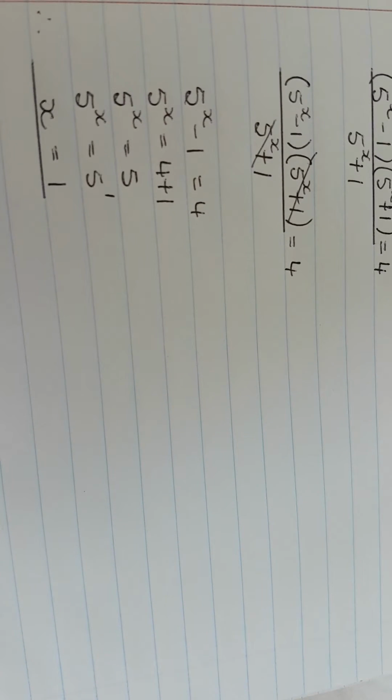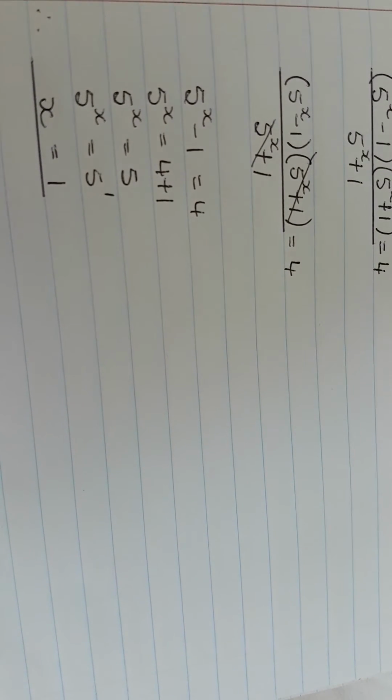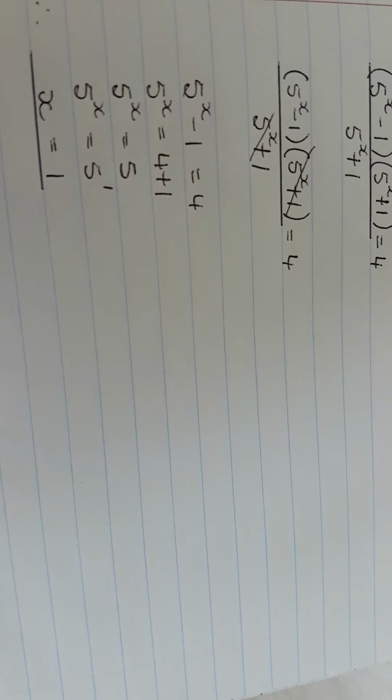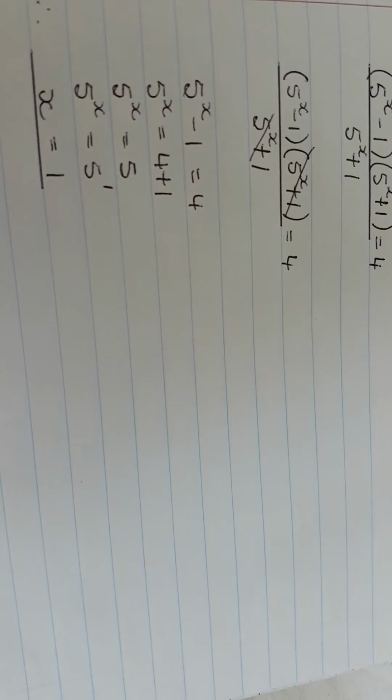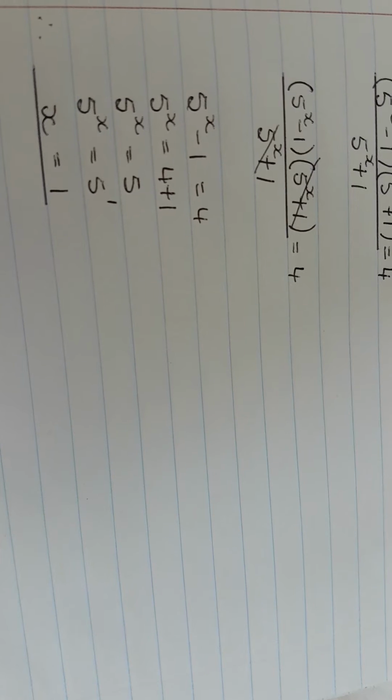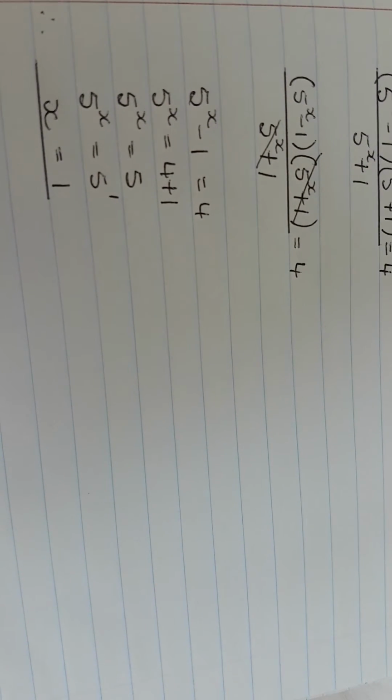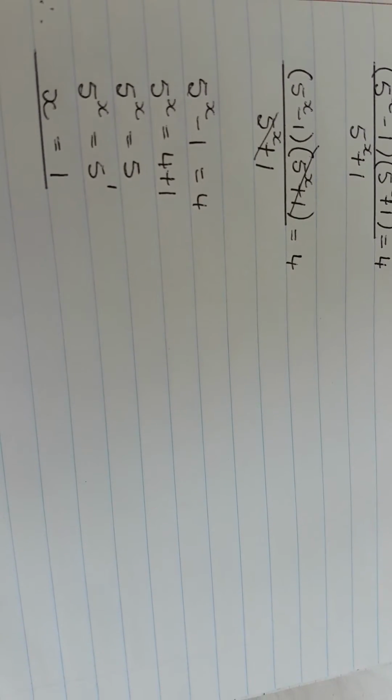But now, a natural number will have a power of 1. That is why I have put it there as 5 to the power of x is equal to 5 to the power of 1. 5 to the power of 1 is as good as 5.